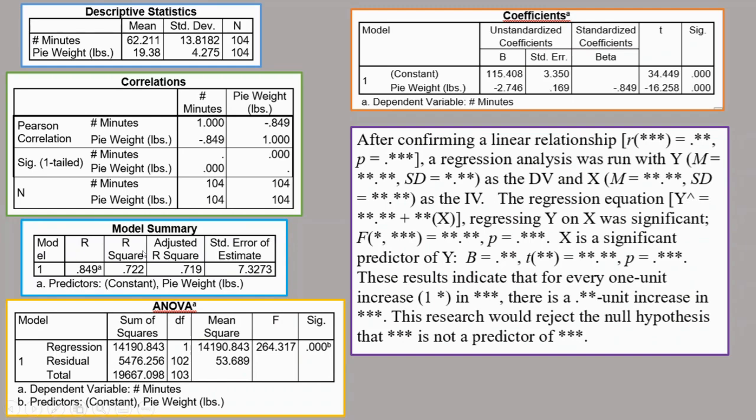So you have all of the information you need in here, and here is how you want to write it up. Wherever there's an asterisk, it should be filled in with something.